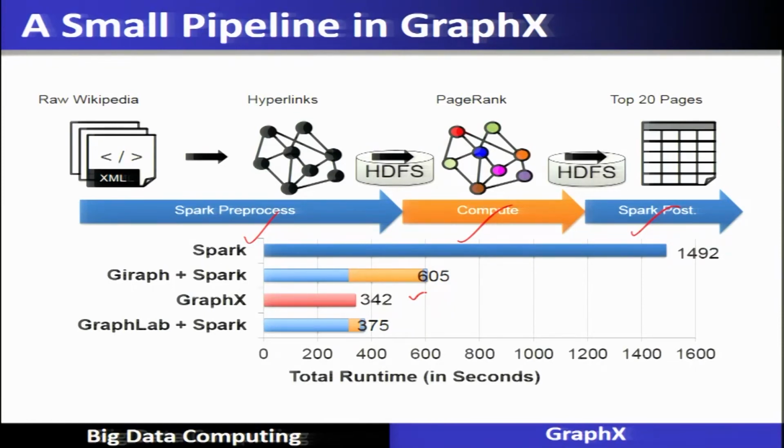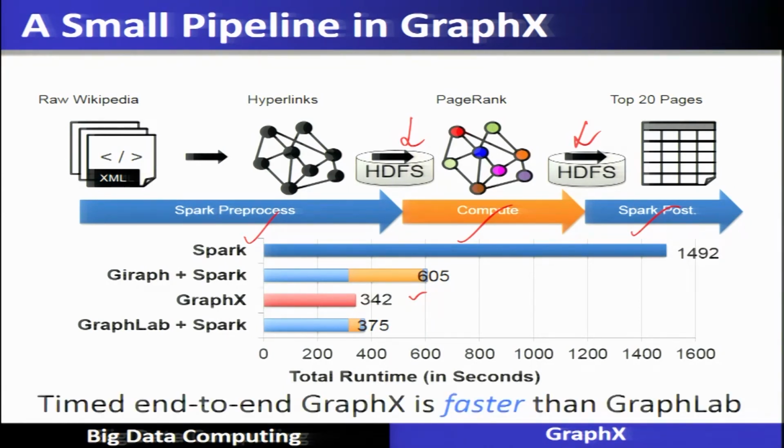Because the view of tables and graphs is integrated, or unified, in GraphX, whereas in all other frameworks this pipeline needs a lot of inefficiencies due to the internal storage for handling 2 different viewpoints. Therefore, timed end-to-end, GraphX is faster than GraphLab also.